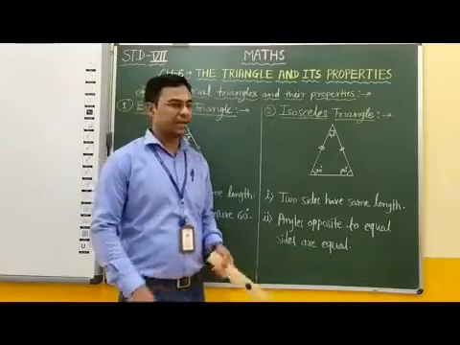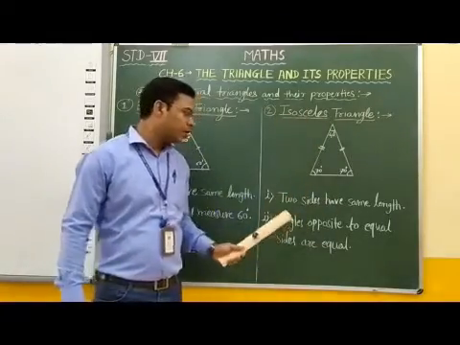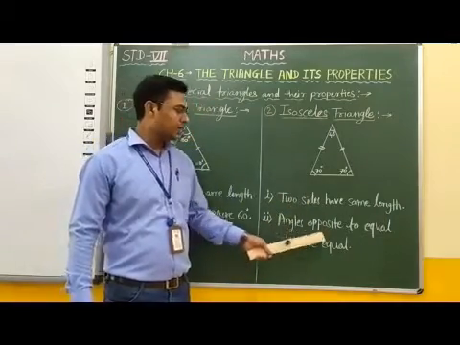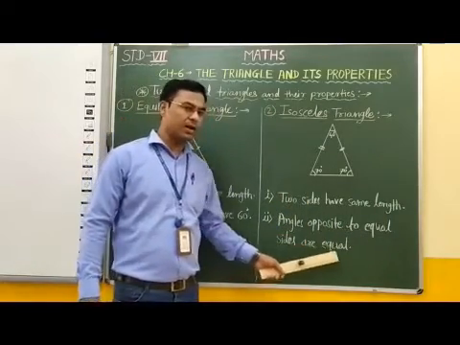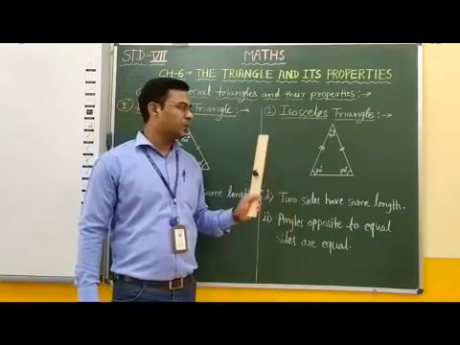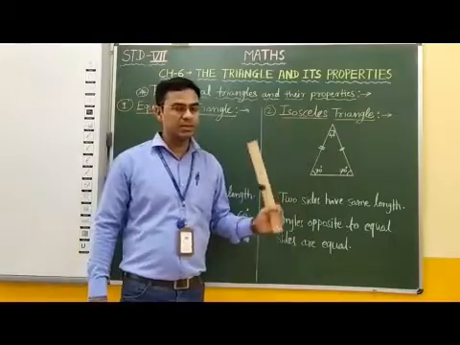Therefore, we can say that in isosceles triangle two sides have same length. Second, angles opposite to equal sides are equal, and these two are called properties of isosceles triangle.